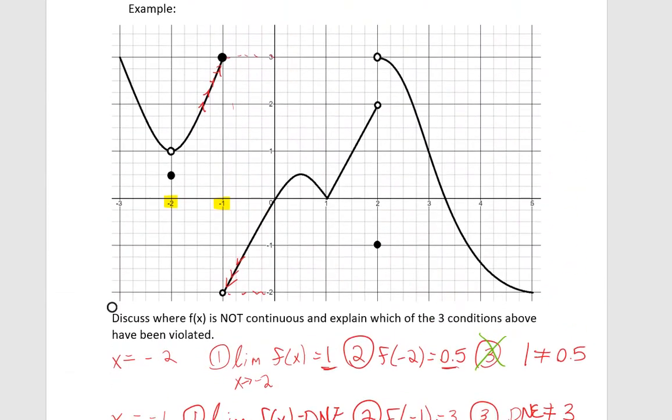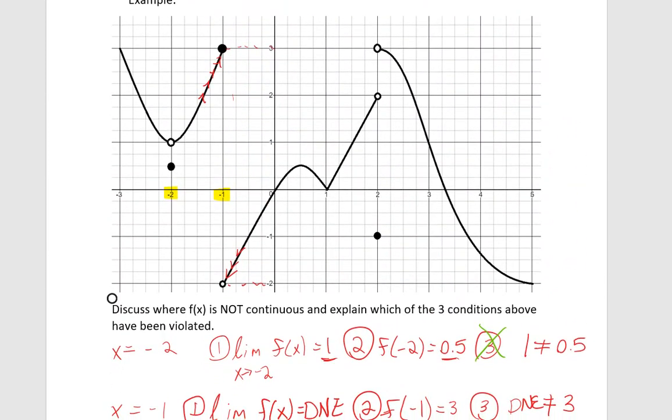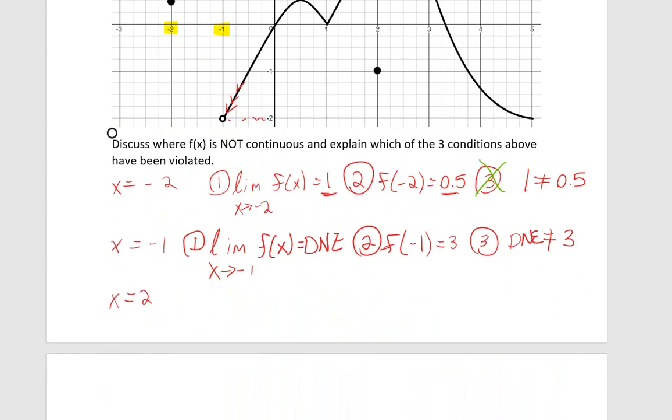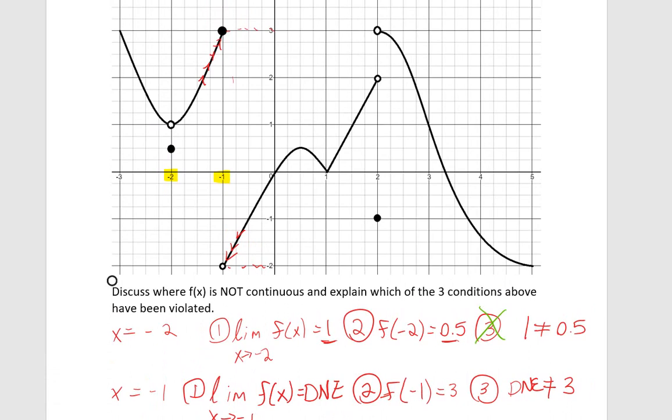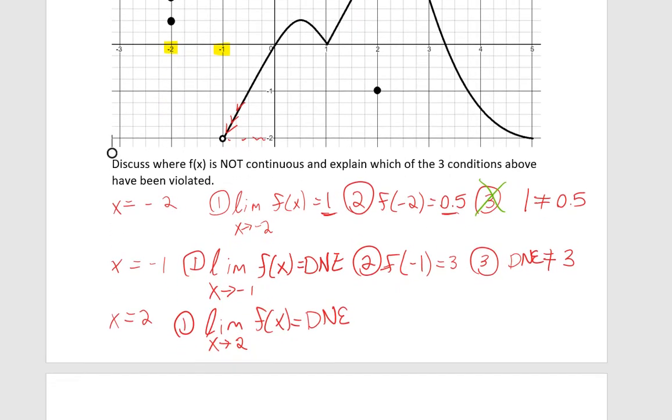Alright, and for the second one, let's see, which condition is that one going to fail? Right, that's going to fail condition 1. As x approaches 2, that limit doesn't exist because the lines approach 2 different numbers. As I approach from the left-hand side, it approaches 2. As I approach from the right-hand side, it approaches 3.